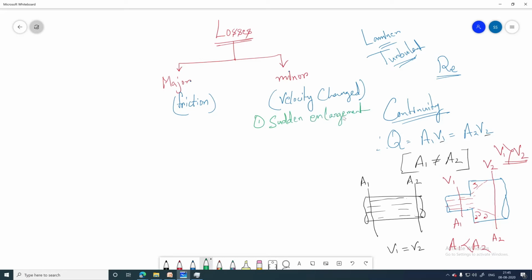In this case, the cross-section area is changed, and also the velocity changed, and you know the reason for minor losses is mainly velocity change, right?